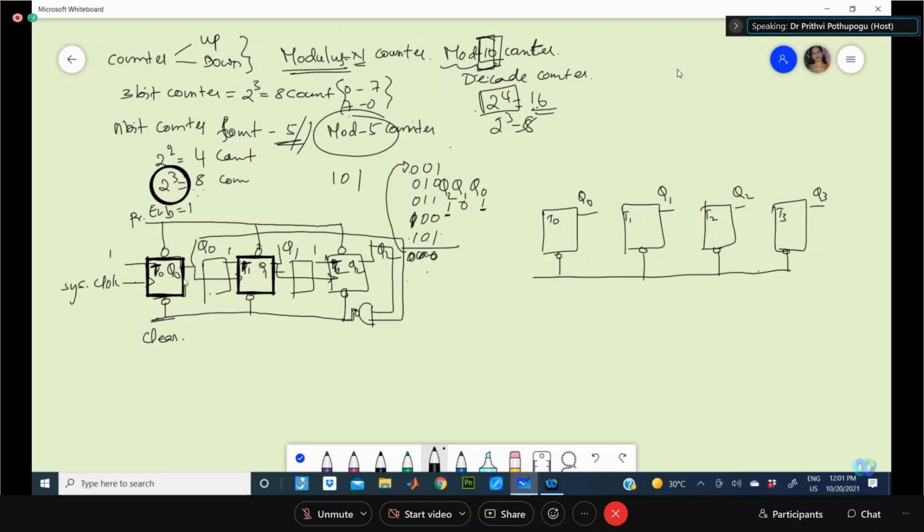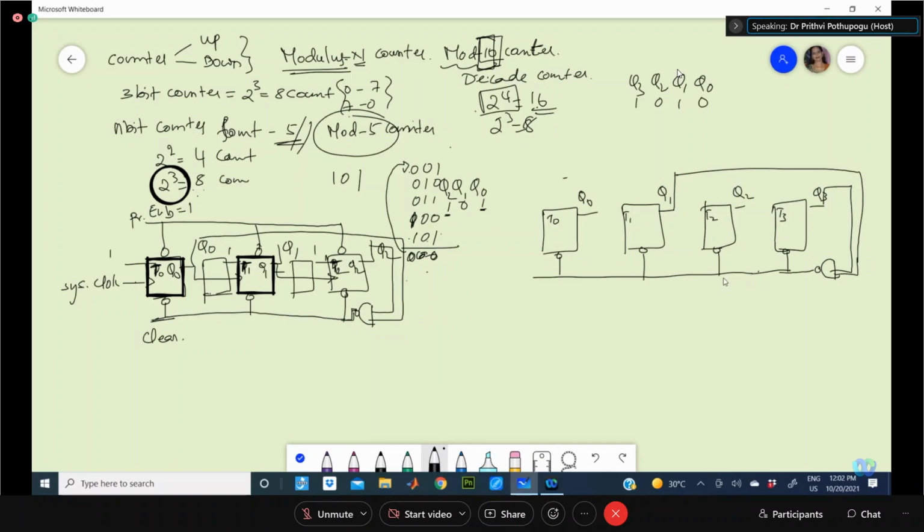This control gate, whatever we have seen in the design of that up-down counter, will hold good here also. The same circuit you can take. Only the connectivities will be different now. See, for 10, Q0, Q1, Q2, and Q3, if you take, it is 1010. So take these Q1 and Q3 outputs and take them back through the NAND gate. The NAND gate output initializes the clear.